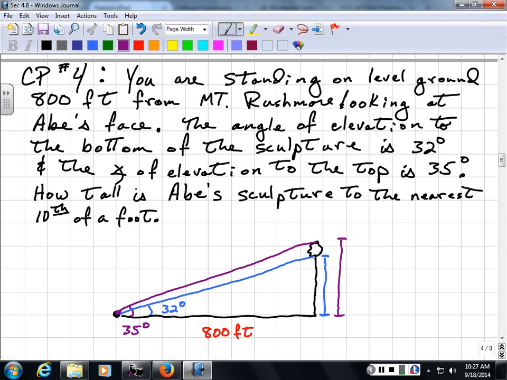Okay. Find the height of the sculpture. How tall is Abe's face? Okay, let's do that. Let's fix that. How tall is Abe's face? There we go. That takes out all the ambiguity. How do I find this one? Okay.